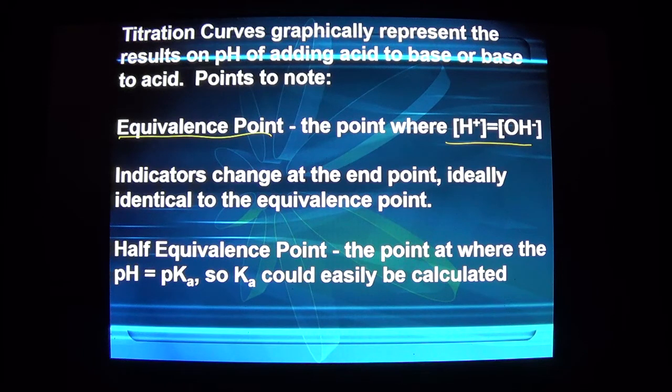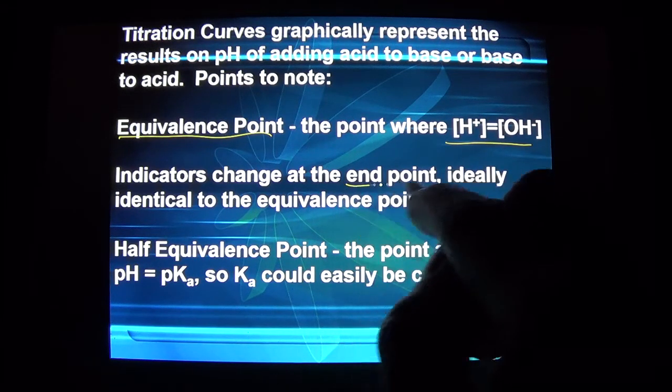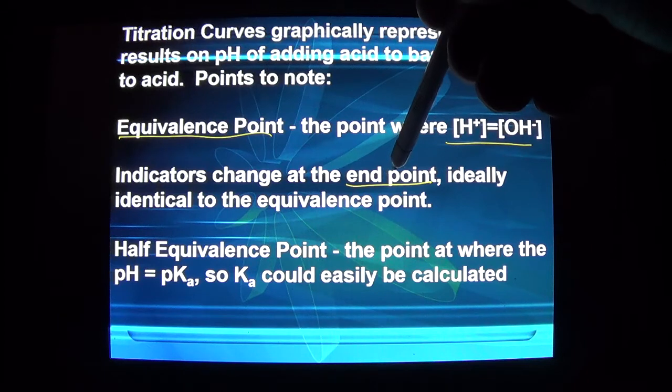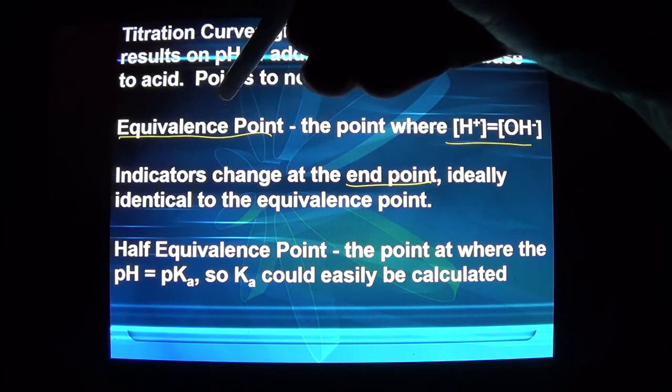There is a difference between the equivalence point and the end point. The end point is when your indicator changes color. Your end point does not necessarily have to coincide with the equivalence point, which is why it's so very important to pick your indicator carefully, because you want the end point to be equal to the equivalence point.